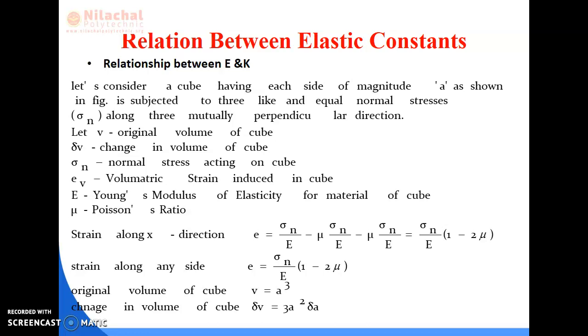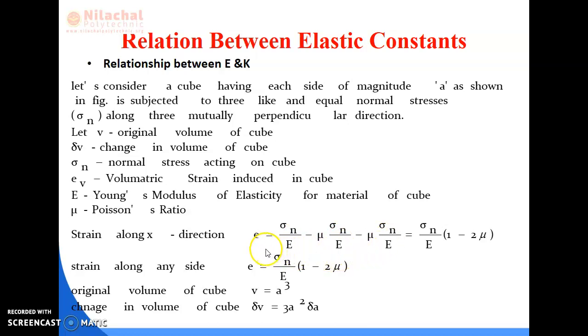During this time, the deformation along the y direction and z direction are known as lateral strain. Now, lateral strain for y and z axis will be equal to mu into linear strain along the y direction and z direction. Now, if you are considering the strain along x direction, the longitudinal strain will be along x, lateral strain along y and z.